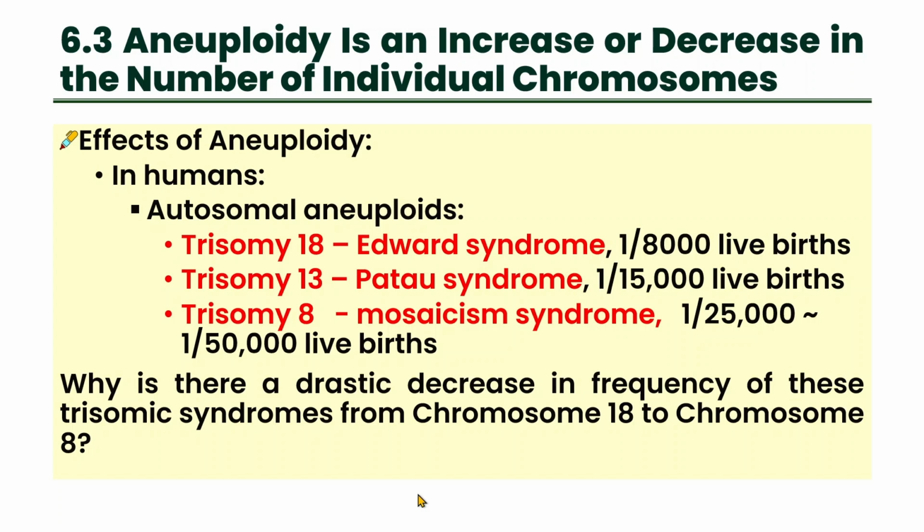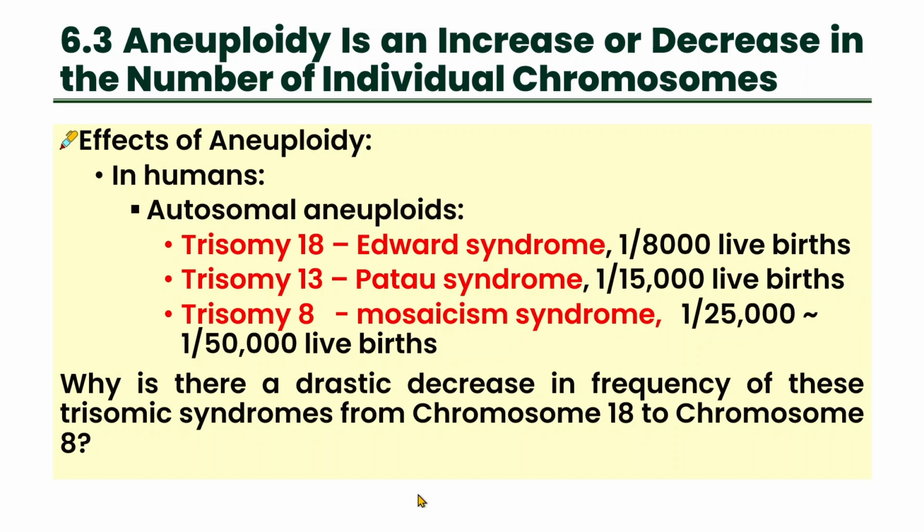Now that we've explored structural changes in chromosomes, let's shift to numerical changes, specifically aneuploidy in humans. In humans, autosomal aneuploidy occurs when there is an extra or missing copy of one of the autosomes.